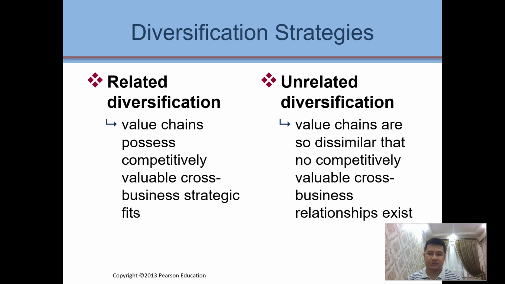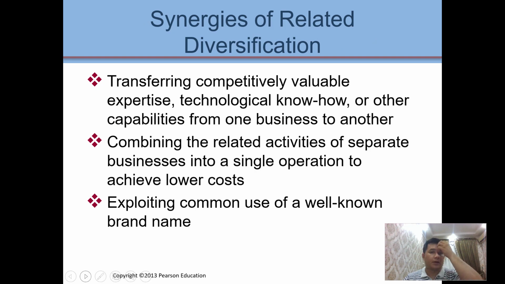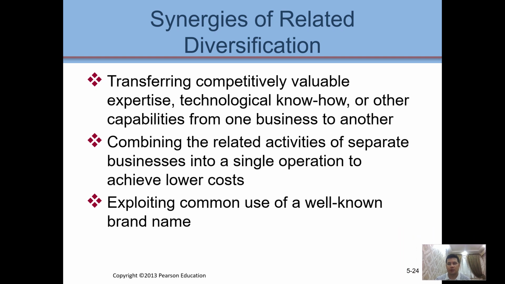And unrelated diversification means that the value chains are so dissimilar that no competitively valuable relationships exist. The synergies of related diversification are transferring competitively valuable expertise, technological know-how, or other capabilities from one business to another, combining the related activities of separate businesses into a single operation to achieve lower costs, and exploiting common use of a well-known brand name.